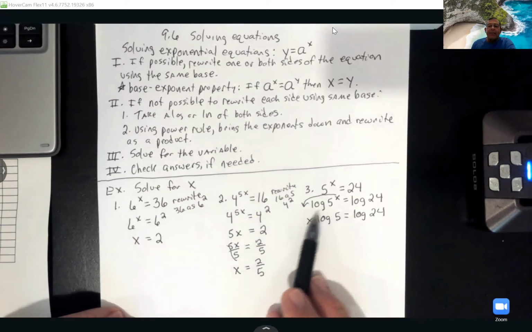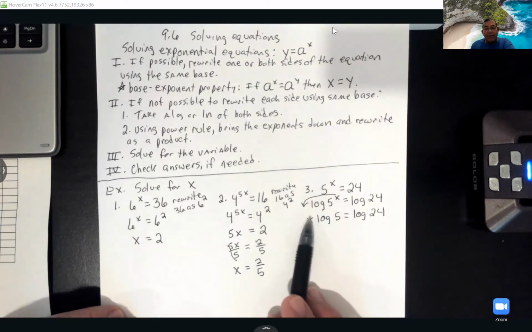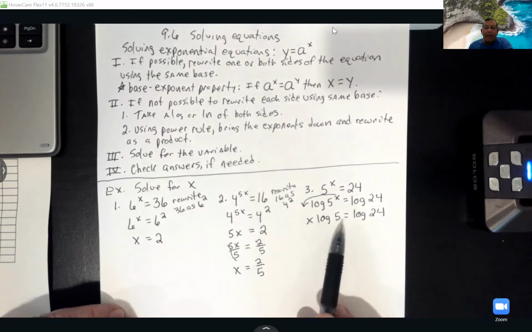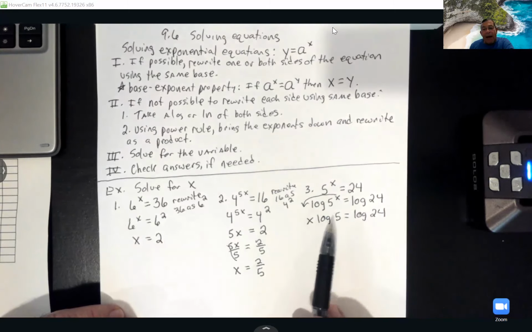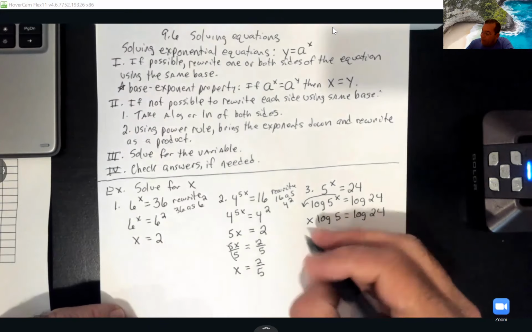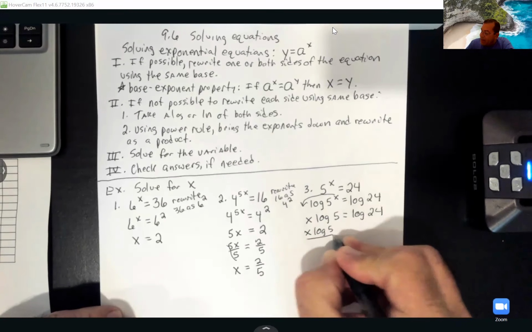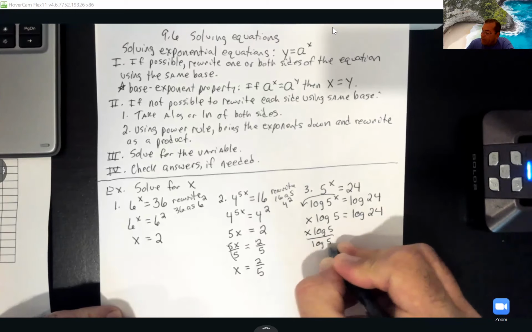Now that x has been brought down to where I can now solve it. So what's happening here, since the x is being multiplied by the log 5, we're going to divide both sides by log 5. So I'll have an x log 5 divided by log 5.